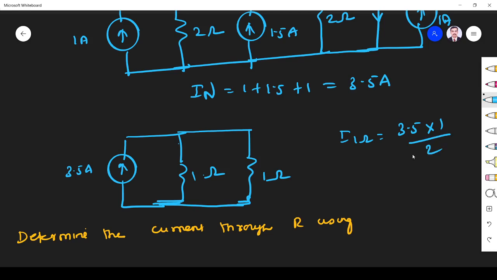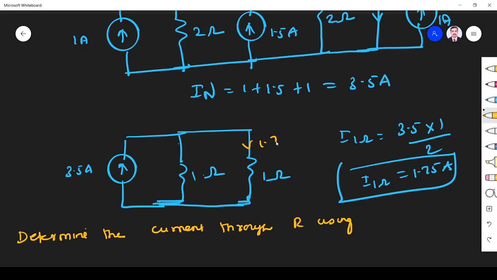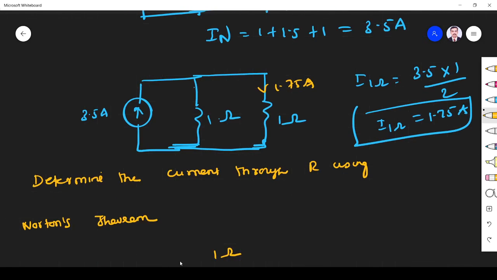So 1 by 2, the current is equally divided, 1.75 ampere. I through 1 ohm is 1.75 ampere. So there is no need to apply the current divider rule, since the two resistors are equal and the current is divided between these two, so it is 1.75 ampere. Directly you can write. So the answer is 1.75 ampere.